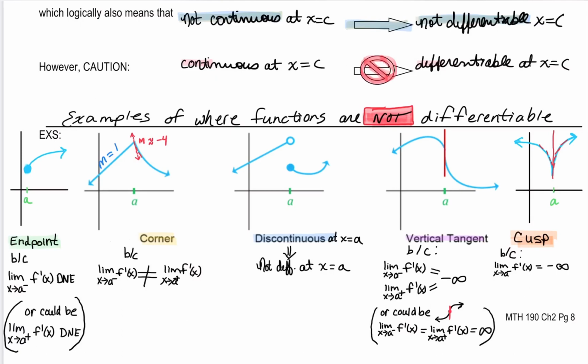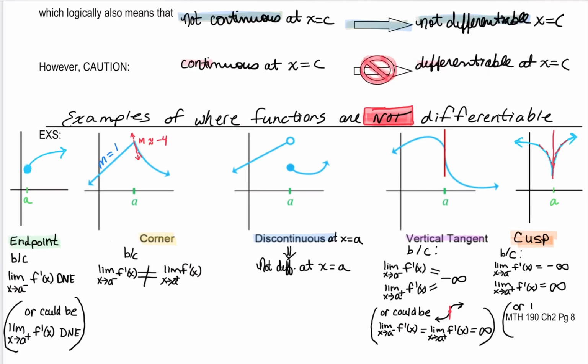But if I look at the slope of the tangent line approaching a from the right, those values are positive slopes, getting very, very steep, getting very large, going to positive infinity.